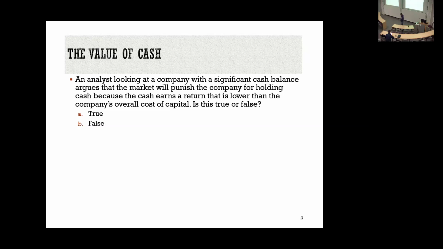Okay, folks, we are okay. So today we're pretty much done with the mechanics of discounted cash flow valuation, how to estimate cash flows, discount rates, growth rates, terminal value.